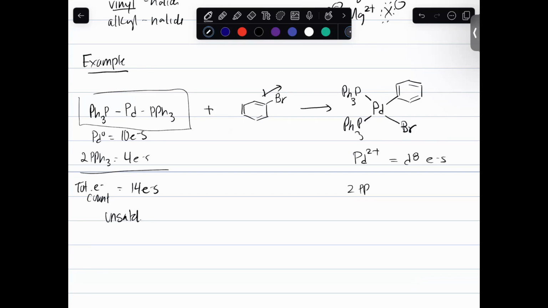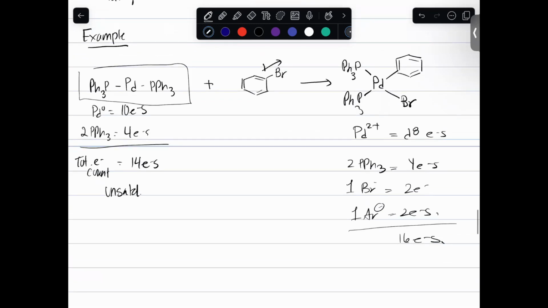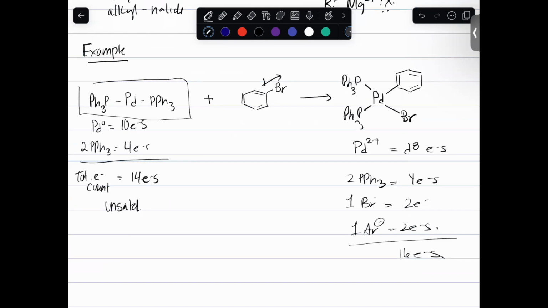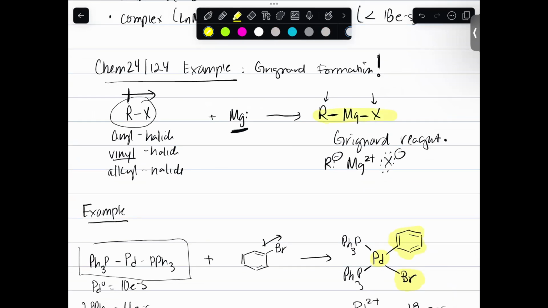I still have my 2 triphenylphosphines, 4 electrons total, my 1 bromine, 2 electrons, and my aryl group, 2 electrons, for a total count of 16 electrons. So I haven't gone over my 18 electron count. I'm okay. Again, my palladium has inserted itself between my aryl and my halogen, just like it does in my Grignard reagent formation.